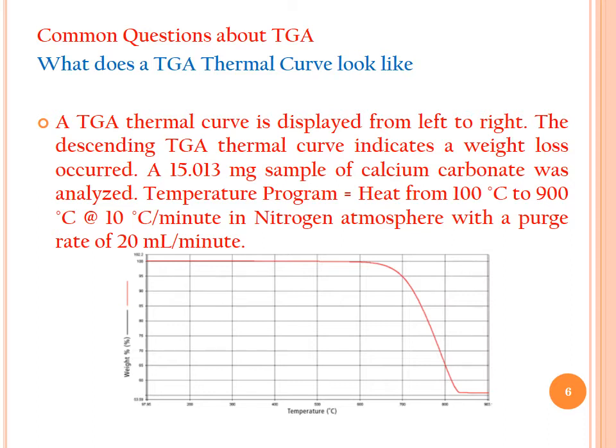The temperature program is as follows: heat from 100 degrees centigrade to 900 degrees centigrade at the rate of 10 degrees centigrade per minute in a nitrogen atmosphere with a purge rate of 20 ml per minute. The role of purge gas was already explained when we were talking about the other thermoanalytical techniques.